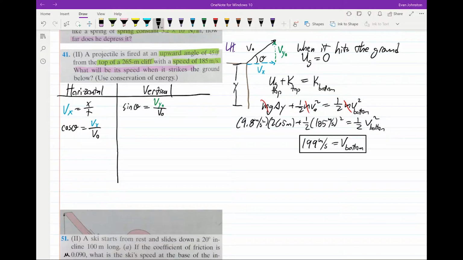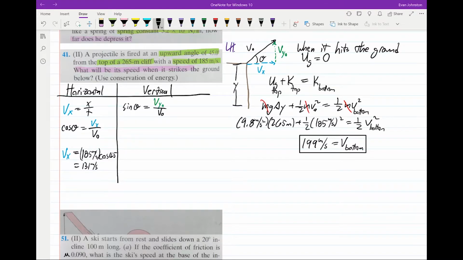We would have had to deal with those two to figure out what the initial y value is. If we plugged in, we would have found that our x velocity would be equal to 185 meters per second times cosine of 45, and that would have been equal to 131 meters per second.